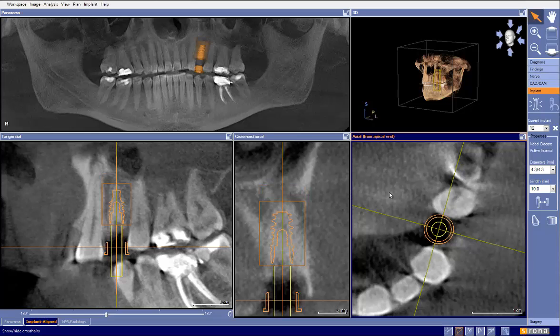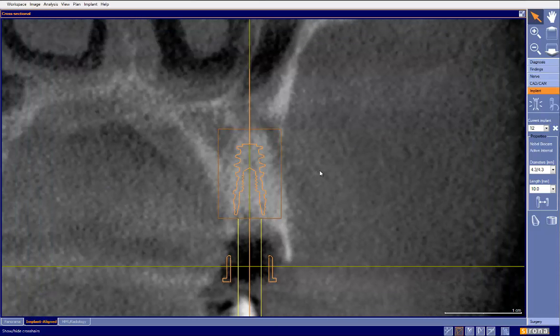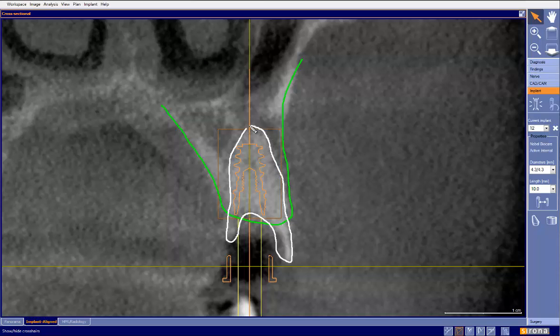If we continue to go with the 10 millimeter implant, one of the things that we can see here, and what I'm going to do is turn on my drawing tablet, is our bone right there, and here is our tooth, as broken as it may be, something like so.